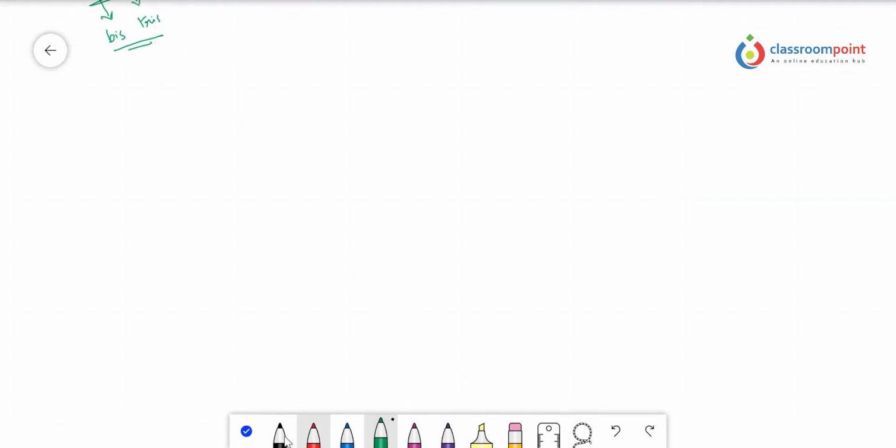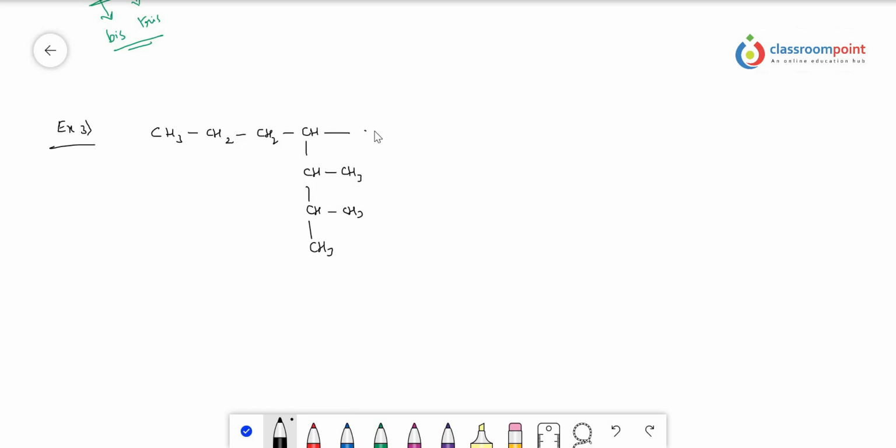Now let us take the 3rd example. Example number 3. What happens if both a complex substituent and a normal substituent are present? So we shall take an example here. CH3, CH2, CH2, CH, CH, CH3, CH, CH3 and CH3.